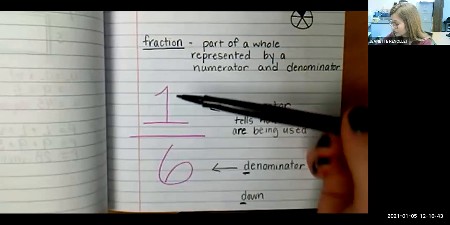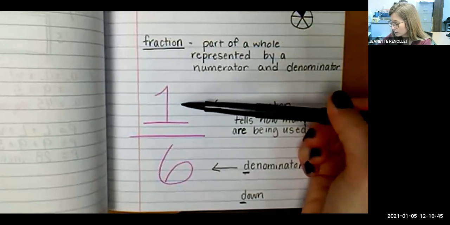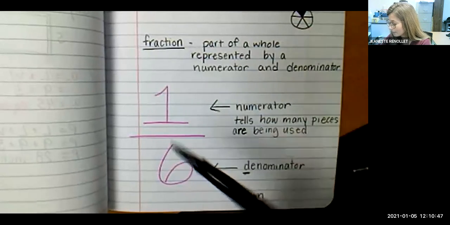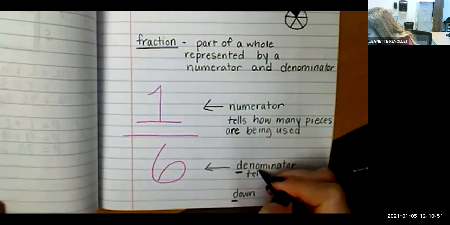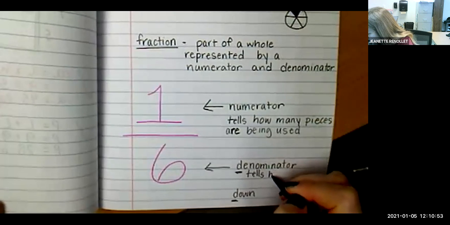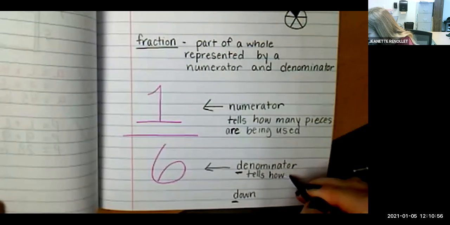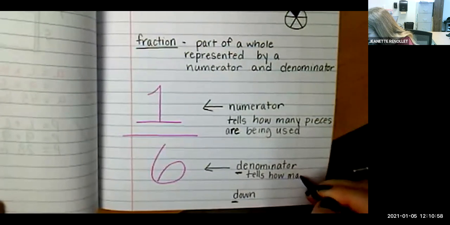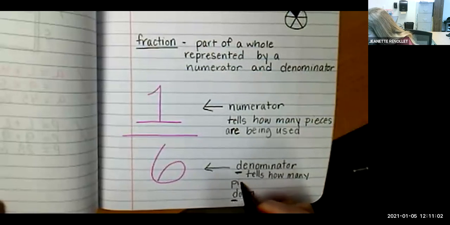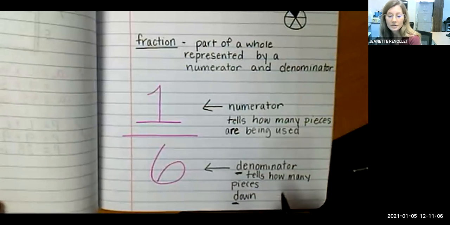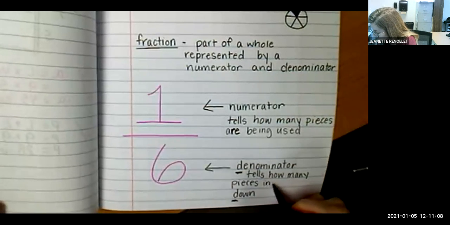The numerator tells us how many pieces are being used. The denominator tells how many pieces in the whole.